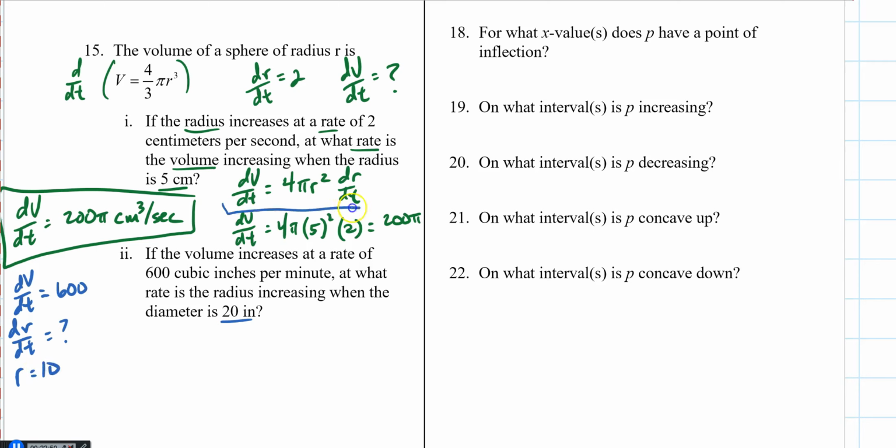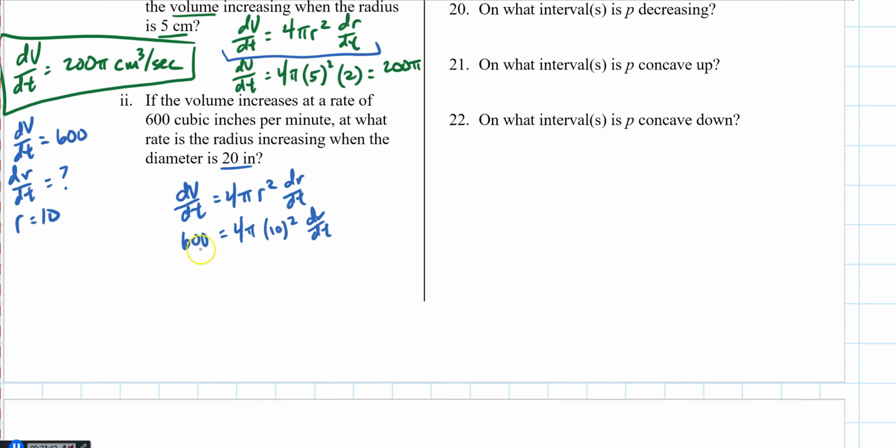So it's going to be the exact same formula: dV/dt equals 4 pi r squared dr/dt. Plug in what we know: 600 is equal to 4 pi times 10 squared times dr/dt.